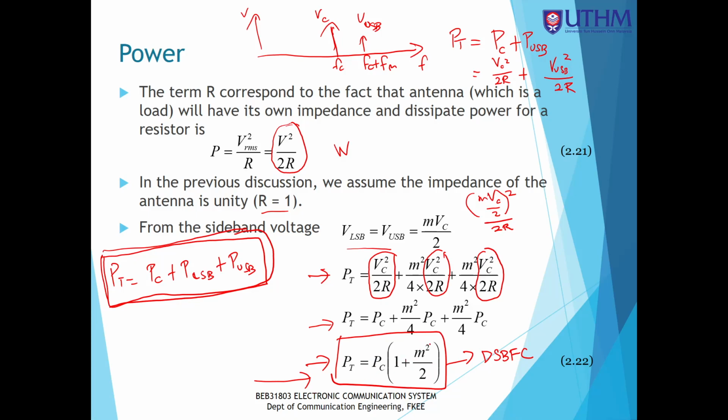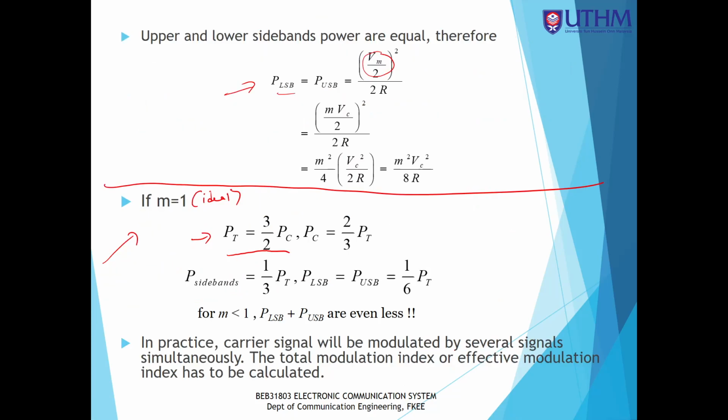If you replace m with 1, this is 1 plus 1 over 2, so you get 3 over 2. So P total is equal to 3 over 2 of carrier power. We can rearrange the equation, so carrier power is equal to 2 over 3 of the total power.